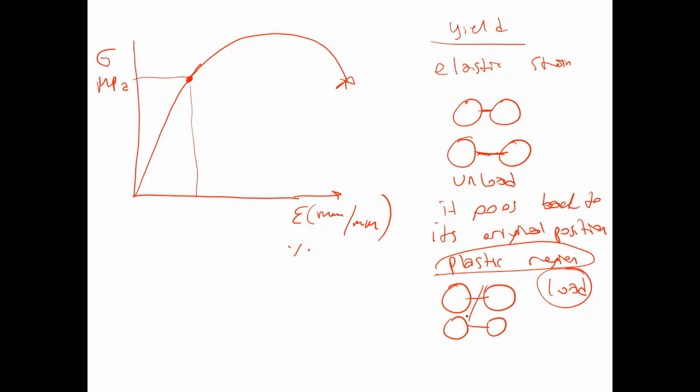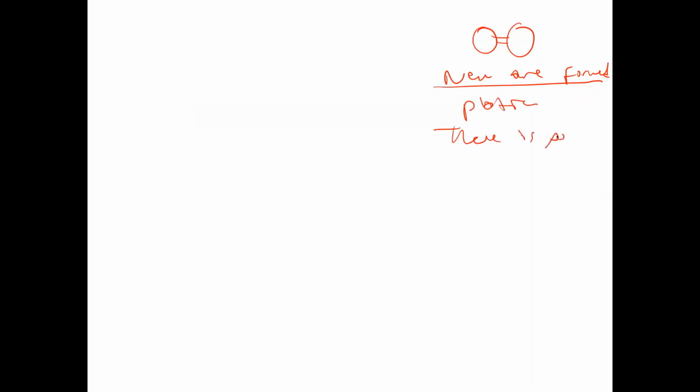This bonding is upset, and then new bonds are formed, and this is the reason why we call it plastic region. There is no going back. New neighbors are obtained.